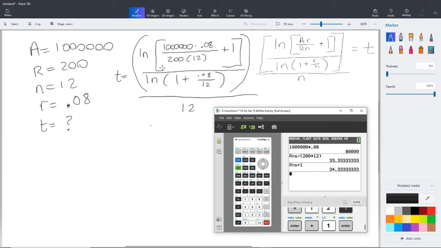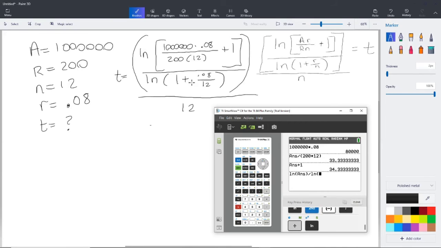Remember, you could take log as well, but I like the natural log myself. So I'm going to hit the ln button on my calculator. Now I need to put this number into it. And once again, I could type it, but why? Use the power of your calculator. So second minus button, which is the answer key, which basically means do the natural log of this 34.33333. Then we say divided by, and we do a natural log again because this is a natural log right here. And the beauty of this calculator is it will do it just as you type it.